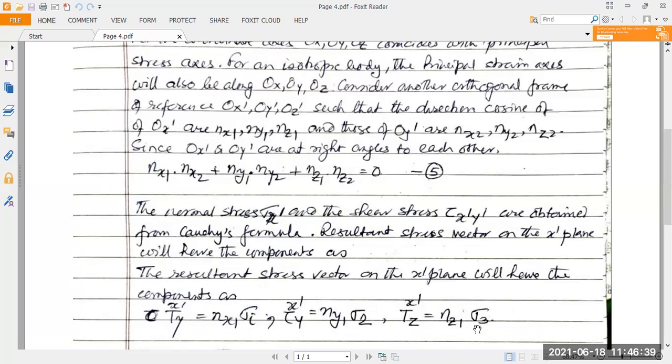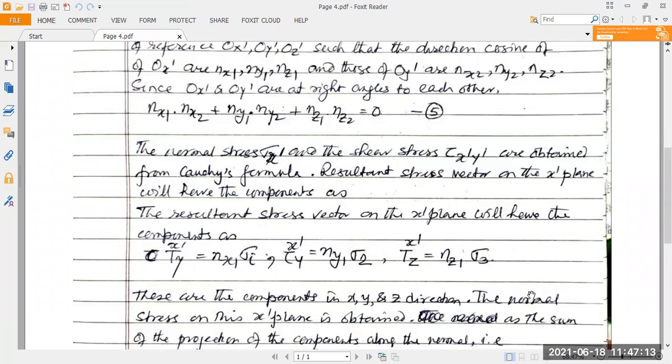As we know, our x dash axis is inclined and has direction cosines nx1, ny1, and nz1. So the resultant stress vector components are sigma 1, sigma 2, and sigma 3 multiplied by the direction cosines of the inclination with the x-axis, y-axis, or z-axis.